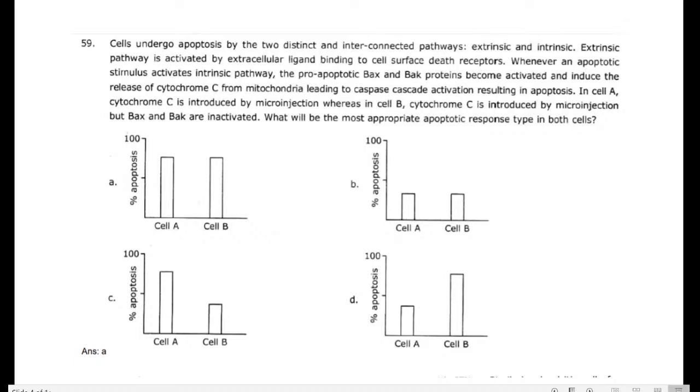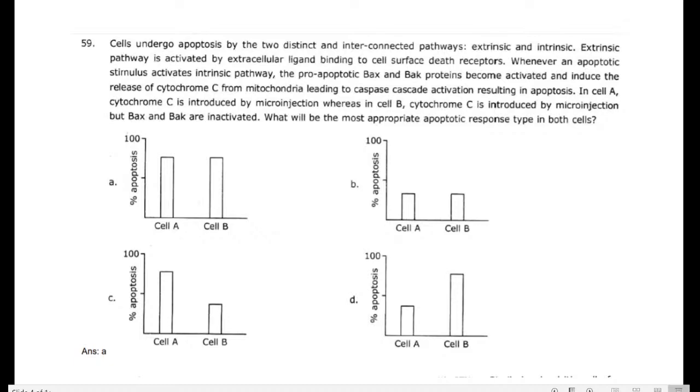Additionally, they gave a confusing statement, that BAX and BAK are in an inactivated mode. Why do we want BAX and BAK? We don't need them. In this apoptosis pathway, the BAX and BAK proteins are helpful for the release of cytochrome C. Here, in this research study, they directly injected the cytochrome C, so why do we need BAX and BAK?